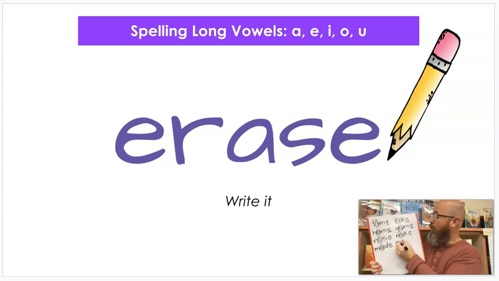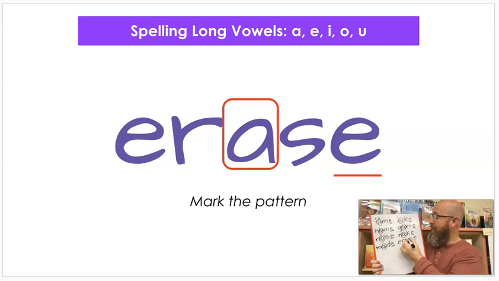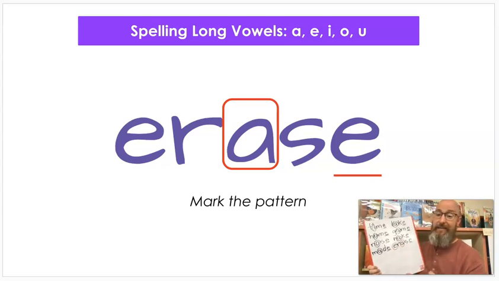E, R, A, S, E. What's our long vowel sound? It actually has two, doesn't it? If you want to circle both of them, you can. I circled one on mine, the A, because it has the bossy E with it. But if you wanted to circle that E, you absolutely could, because it says its name too.